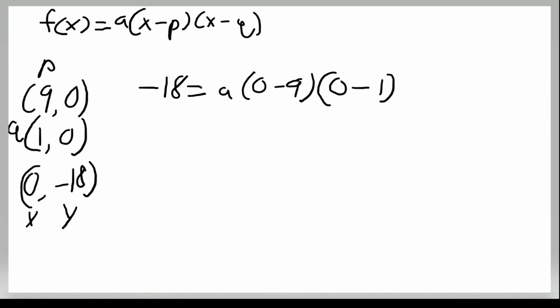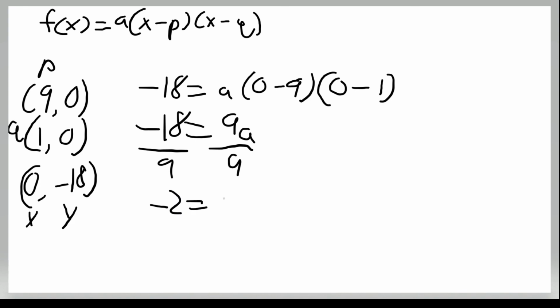Then we just solve. This is going to be negative 1. This is going to be negative 9. So negative 1 times negative 9 is just 9. So you get 9A equals negative 18, like that. Then you just divide by 9, divide by 9, negative 2 equals A. From this, just plug it back in.